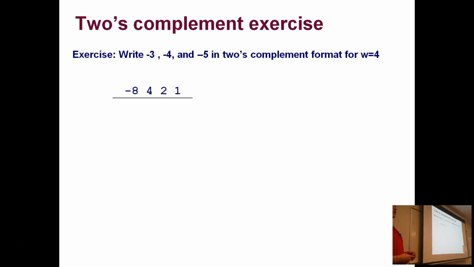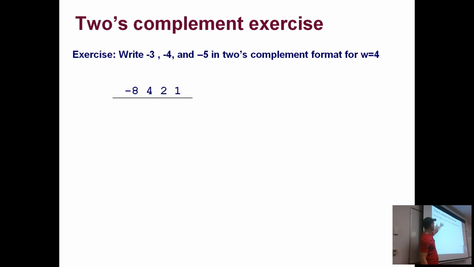Do it directly. You could represent 3 and then do that trick, but I think it's better if you just do it bitwise. Start with this bit's got to be 1, and then you figure out what to add to it to get to any of those.